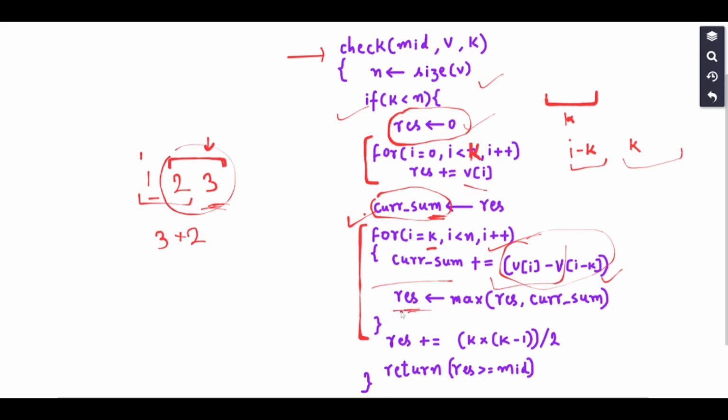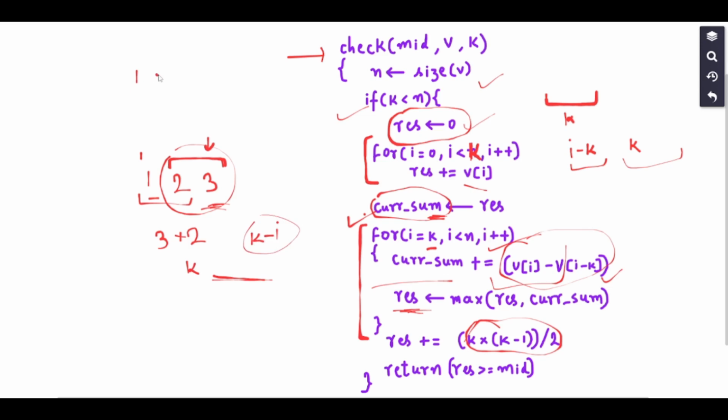And I will simply find the maximum of all the sums of these windows. And finally, after I get the maximum sum, since I'm traversing over k elements in a series, these many mushrooms will be appearing on those k minus 1 positions.